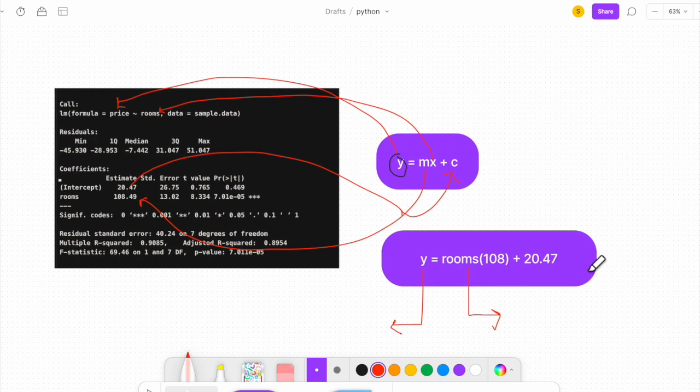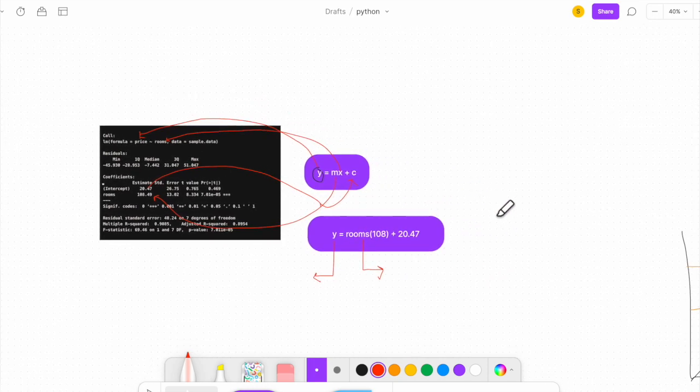Now let's try to plot these data points against our linear model. But before we move towards plotting our data points, if you don't understand what this slope is or what this intercept is, you can understand it like this.